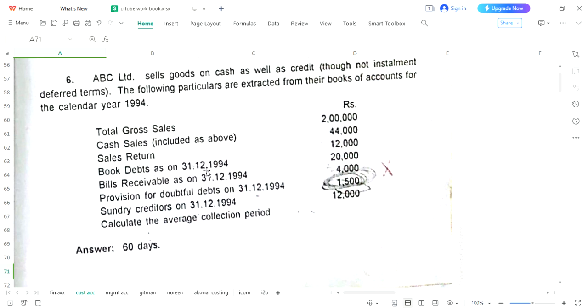Only closing bills receivable and closing sundry debtors are given. This provision for doubtful debt is for any bad debts in the future, so it is unnecessary, and the student from whom I have taken this book had already crossed it. So there are only two elements related to average receivables.